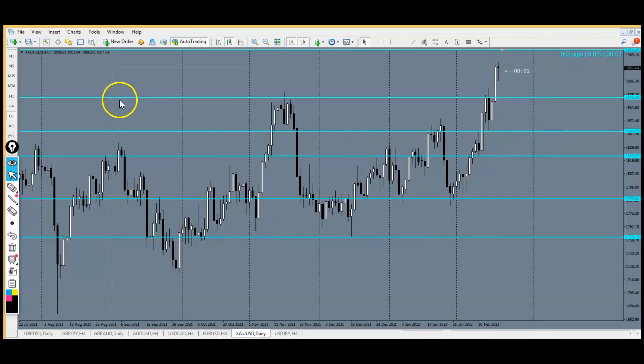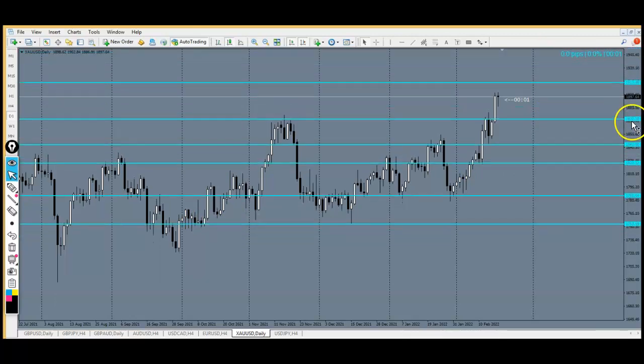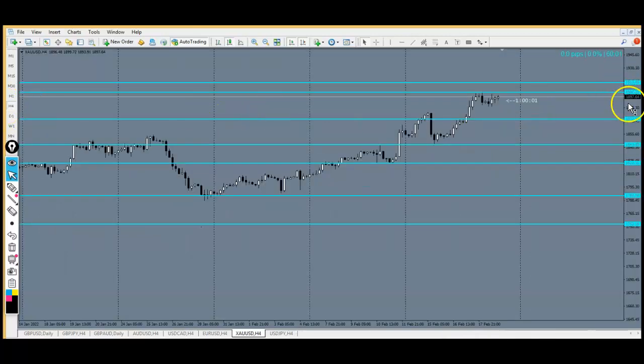Okay, so if we look at this on the 4-hour time frame, let's see what we are getting. So this is actually the 00 level for the 1900 level. So the 1900 level is acting as a support there.